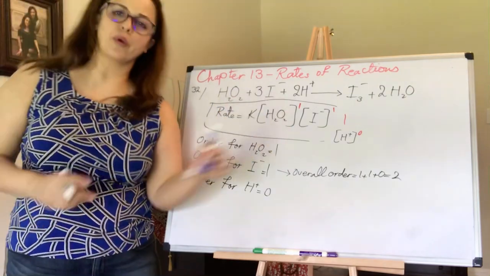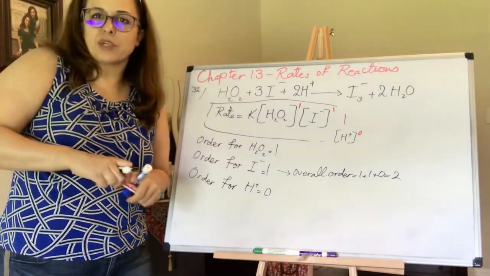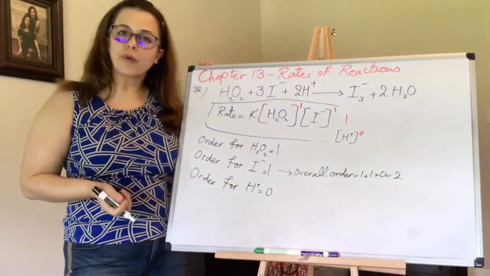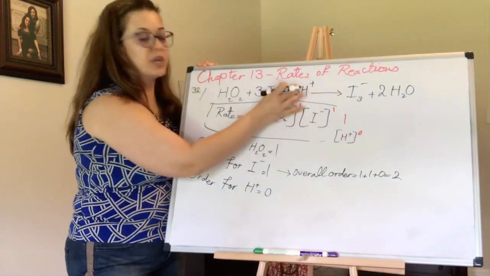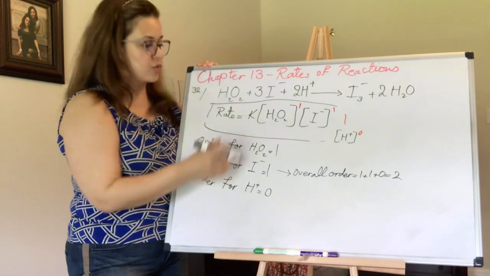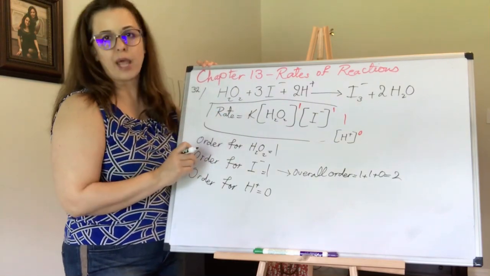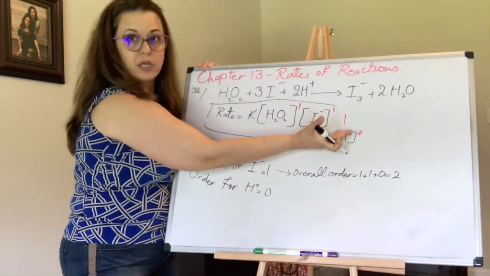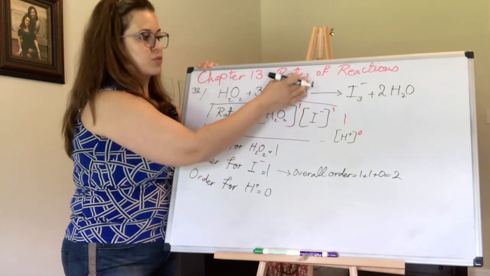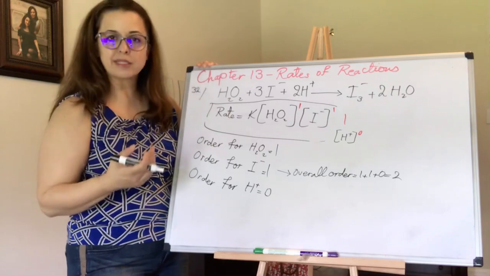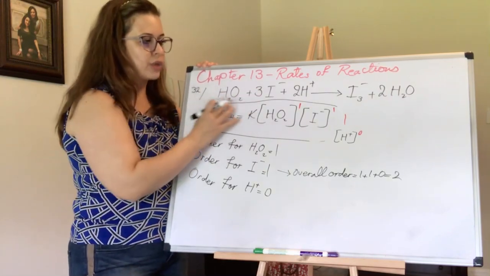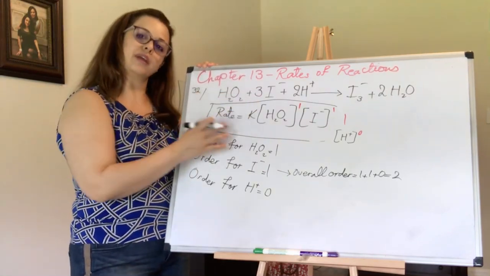The 0th order might look a little bit weird too. What is the 0th order? It means that the concentration of the hydrogen here does not have any role in the rate of the reaction. Because you don't see it here, it doesn't matter if you double the concentration, add more acid, or take some acid out, it's not going to change anything in the rate of the reaction.